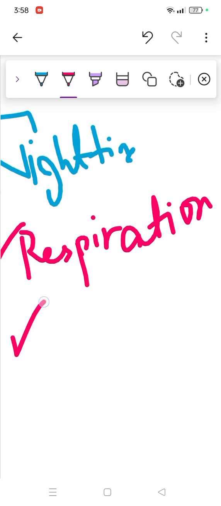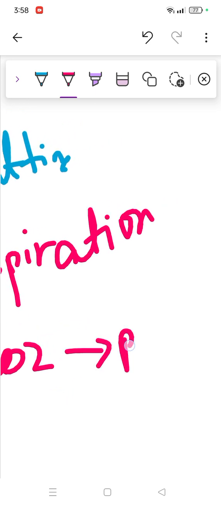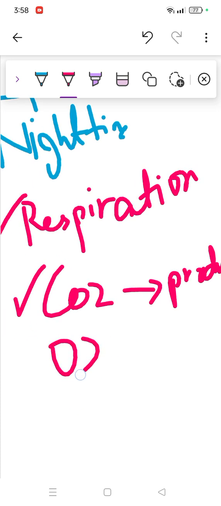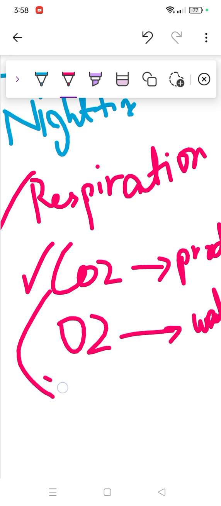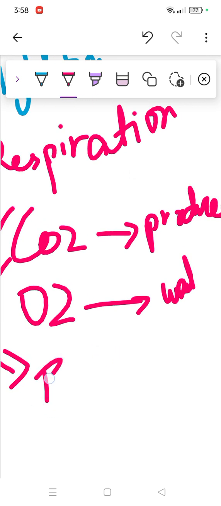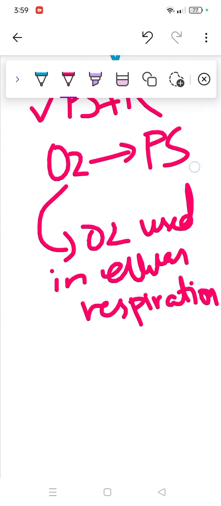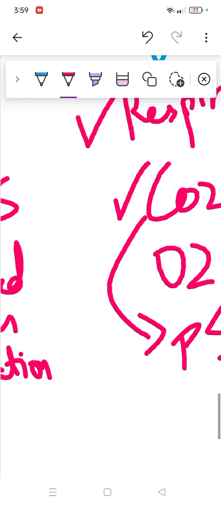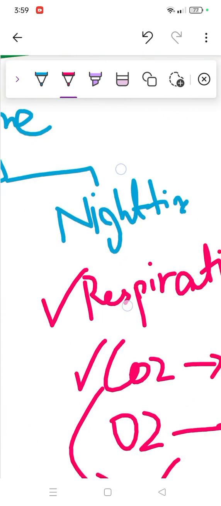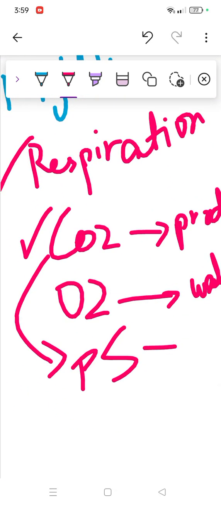In respiration CO2 is going to be produced and O2 is going to be used, and this CO2 will again be used by the photosynthesis process. Here O2 is used by cellular respiration, and here CO2, which is a product of respiration, will be used by photosynthesis. So I'm sure it's clear to you. This is only the first factor.